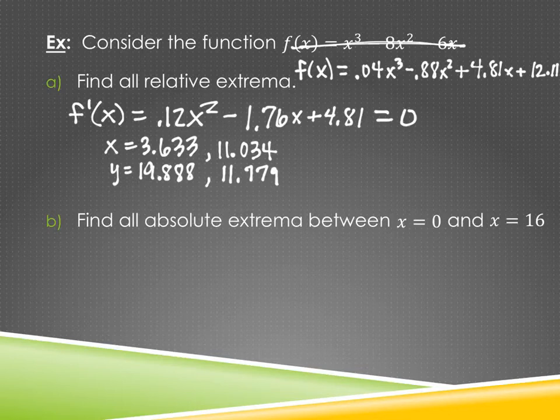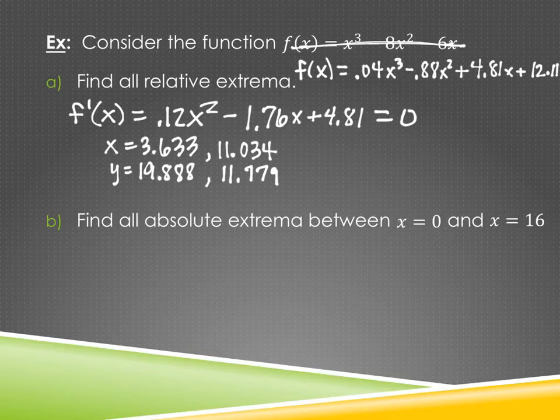Okay, so we found the xy pairs: x equals 3.633 along with y is 19.888, and then x equals 11.034 at the y value 11.779. The thing that we're supposed to do though is find the relative extrema, and finding them means saying which one's which. Which one's a max, which one's a min.